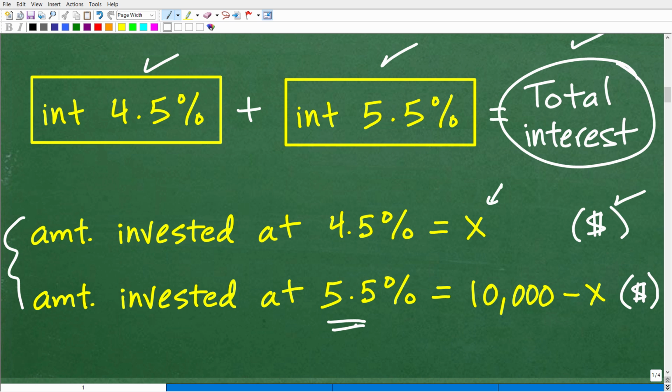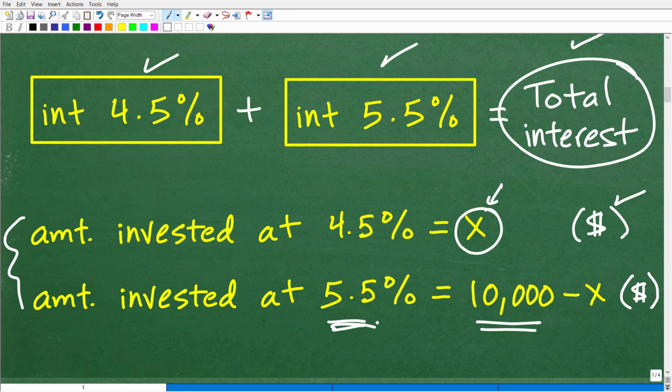Make sure you understand what I just said. Let me repeat this one more time. We have a total of $10,000 we're investing. If we put X into the 4.5% account, that money's already spent, right? So we have to take that X and subtract it away from our total $10,000. That's how much we end up putting into the 5.5% account.